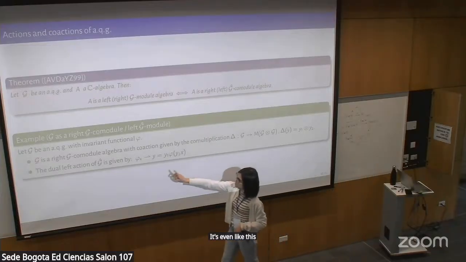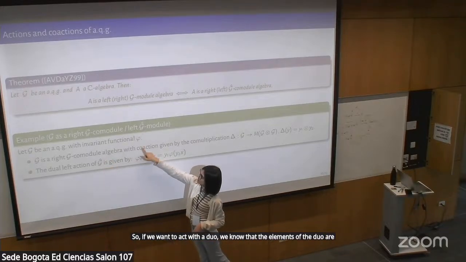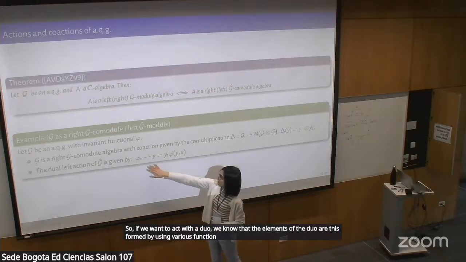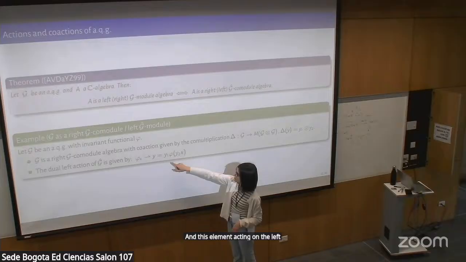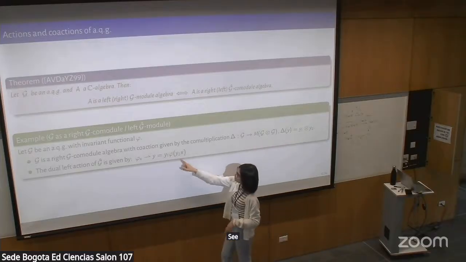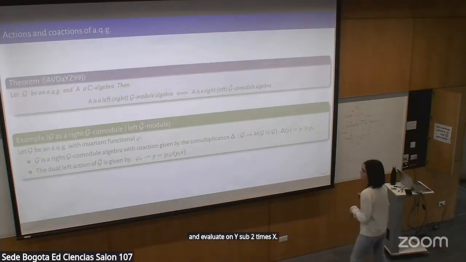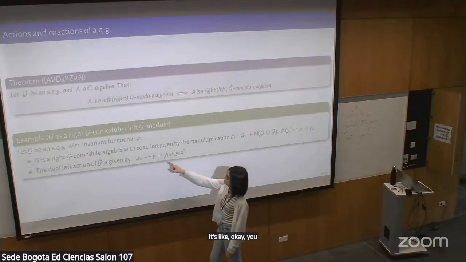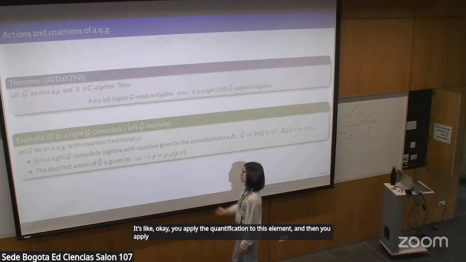So if we want to act with a dual, we know that the elements of the dual are of this form. Phi is the invariant functional. And this element acting on the left of y is, okay, take y sub 1 here and evaluate phi on y sub 2 times x. It's like, okay, you apply the co-multiplication to this element and then you apply identity tensor phi.